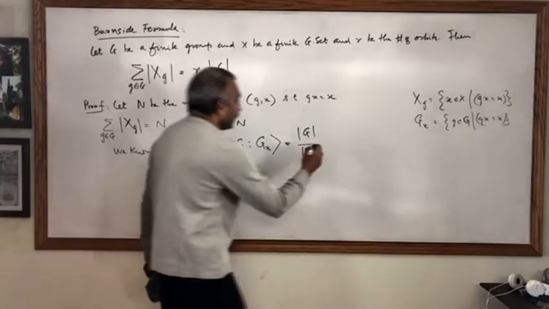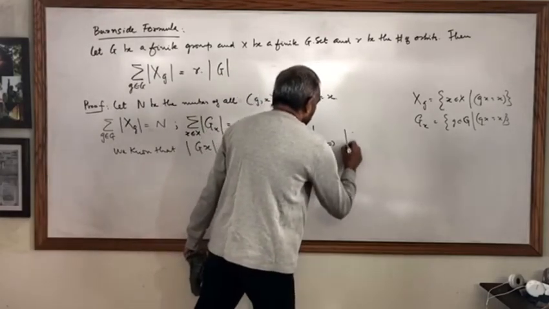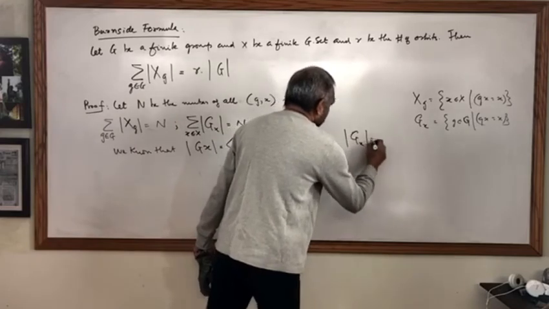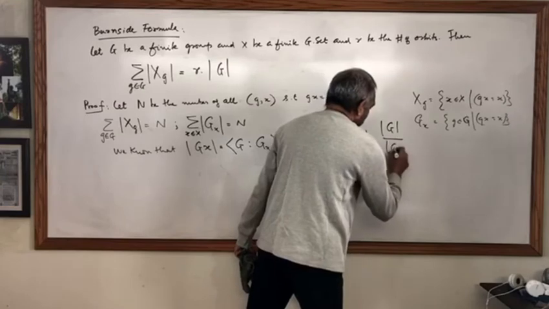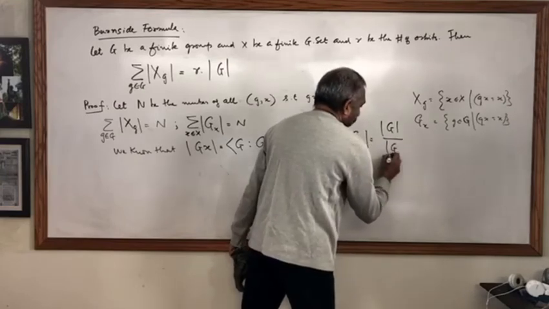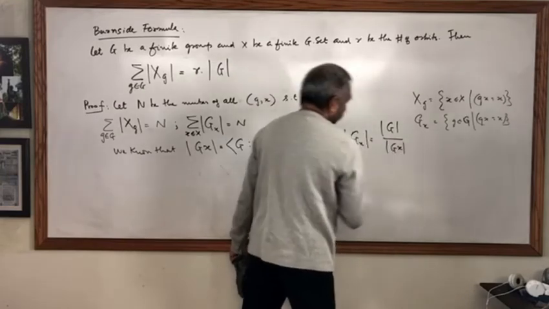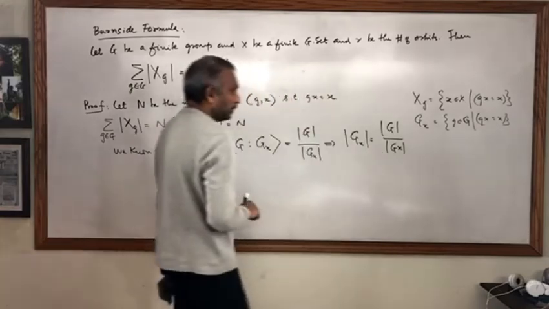And that implies |Gx| is equal to |G| by the order of, or the number of elements in, the orbit.